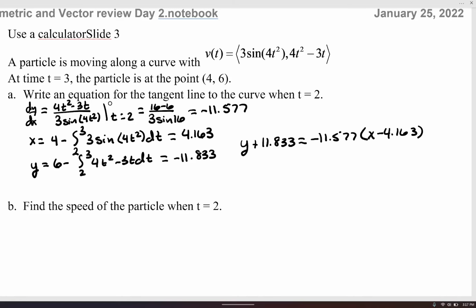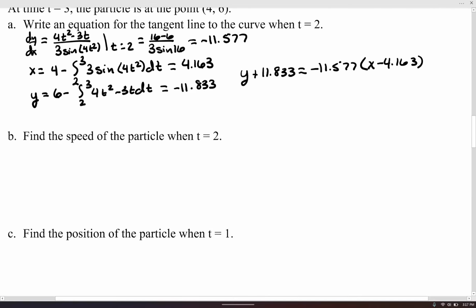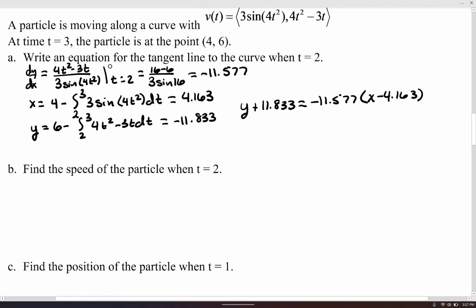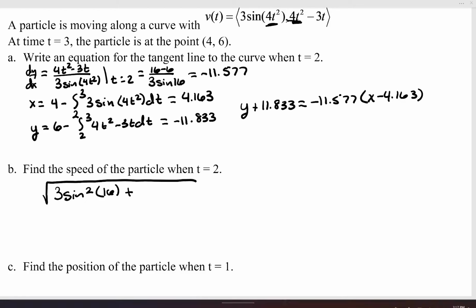Find the speed of the particle when t is equal to 2. Well, that's the magnitude of the velocity vector. So that's the square root of 3 sine squared of, let's see, 4 times 4 is 16, plus, now it's 16 minus 6, which is 10, but that's squared, plus 100.